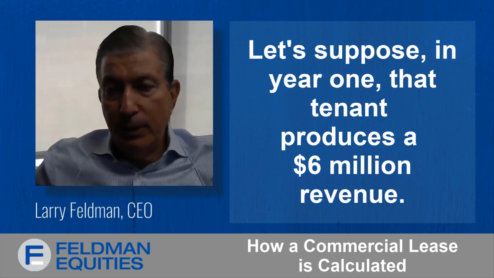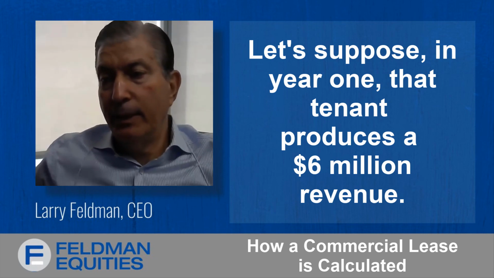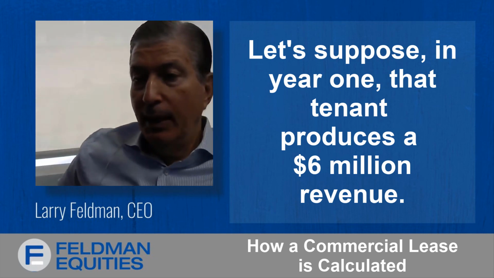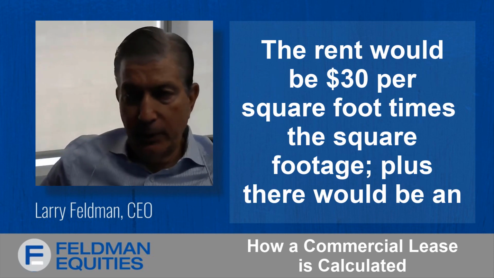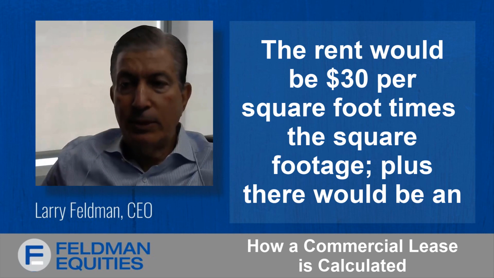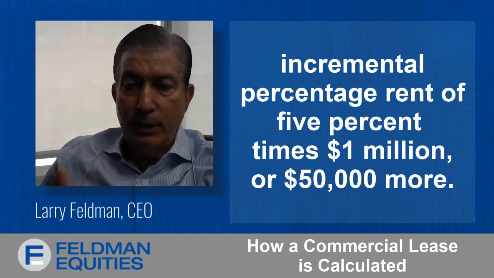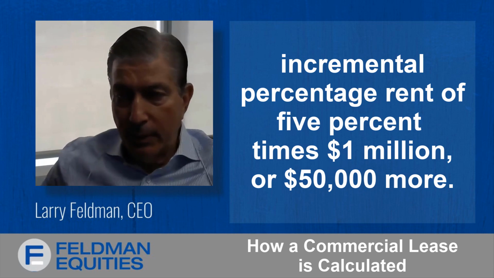So let's suppose in year one, that tenant produces $6 million in revenue. The rent would be $30 per square foot times the square footage, plus an incremental percentage rent of 5% times $1 million, or $50,000 more.